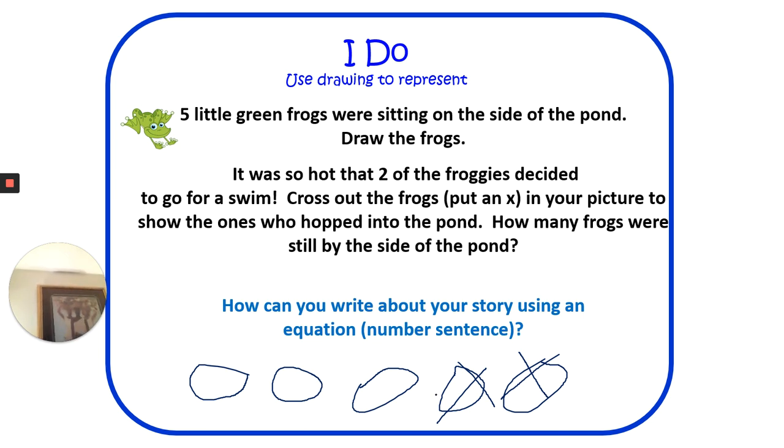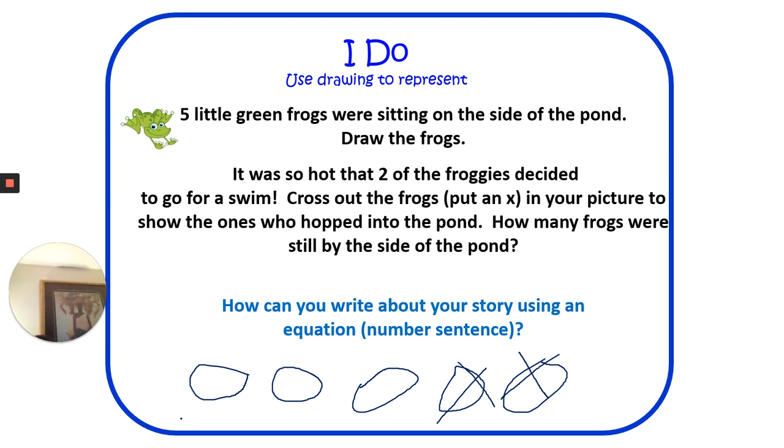Let's see. I'm going to count the frogs that do not have an X on them. 1, 2, 3. 5 take away 2 equals 3.